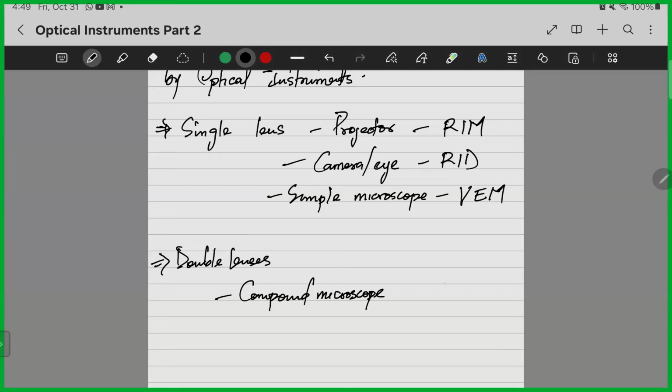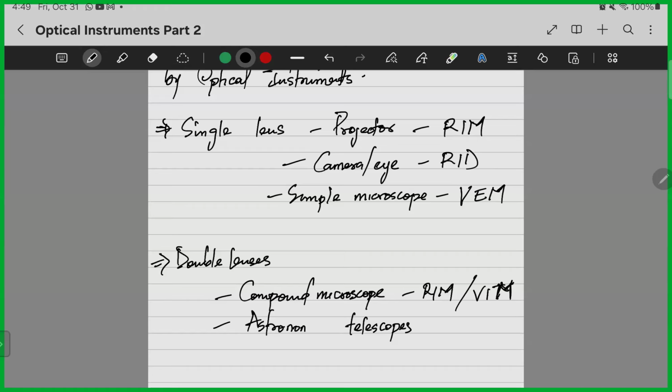The one with double lenses, the compound microscope, since it has double lenses, forms real inverted magnified or virtual inverted magnified. Another one, the astronomical telescope, we talked about this. Let me make sure I'm spelling that right.